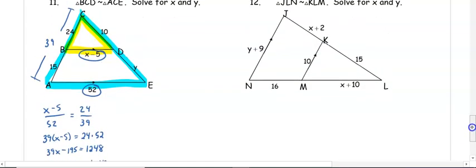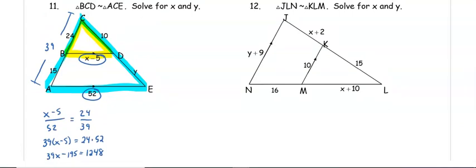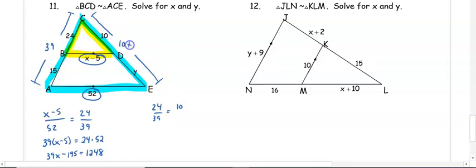When we go back to look for Y, we still want to use the ratio of 24 over 39 because we know the side lengths. Then with Y, the smaller triangle has a length of 10, and for the bigger length, we would add these two sides together.